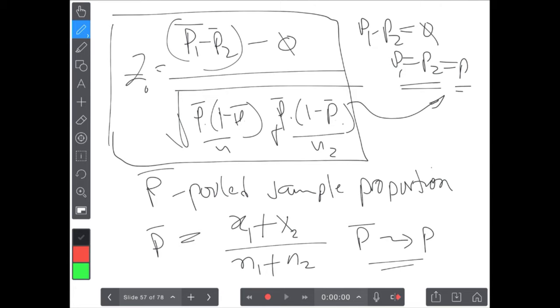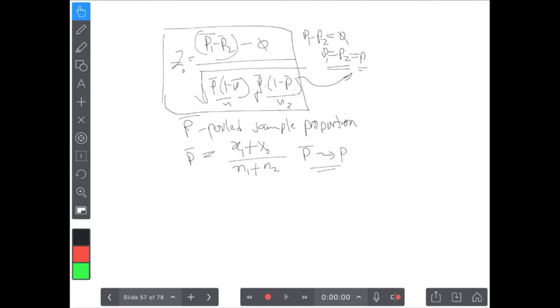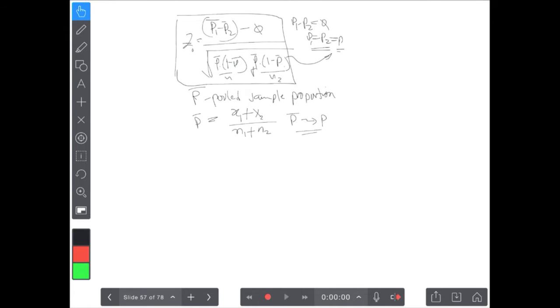But what if we don't assume that the difference is 0? Then in that case, we will use the original sample estimates for the test statistic.